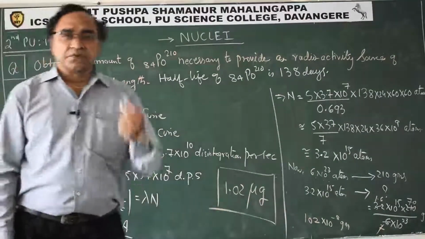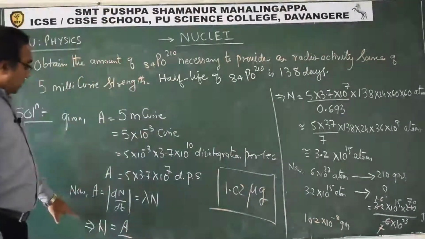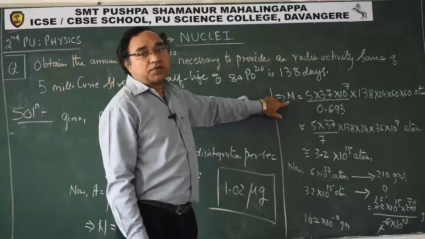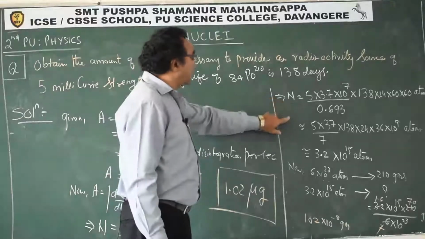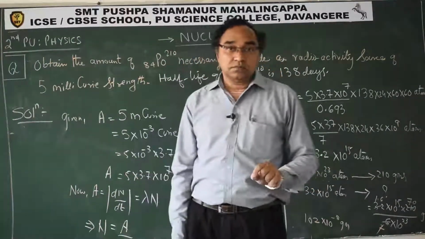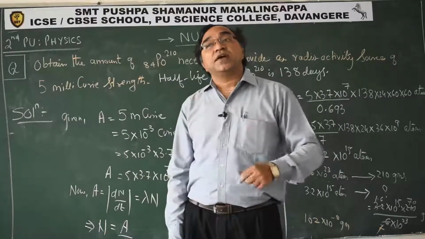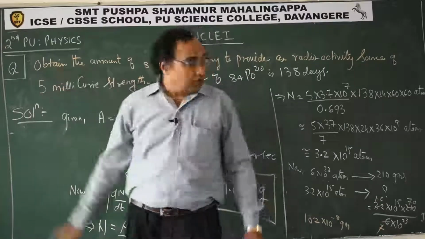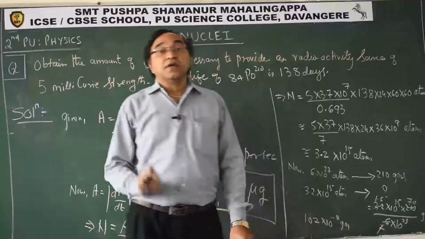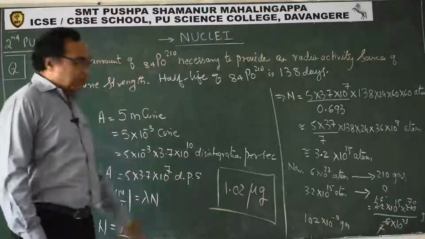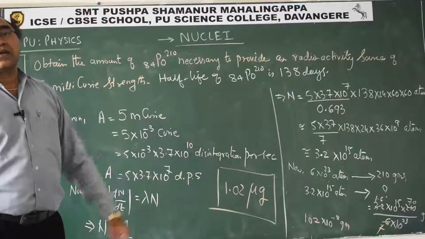First step is to find the number of atoms. Once you have found the number of atoms, go for the mole concept to find the amount. Depending on the question, if they ask you to find the number of atoms, you don't have to go for the mole concept. If they ask you to obtain the amount, this means you have to find it in grams. So this is exactly how it is to be solved.